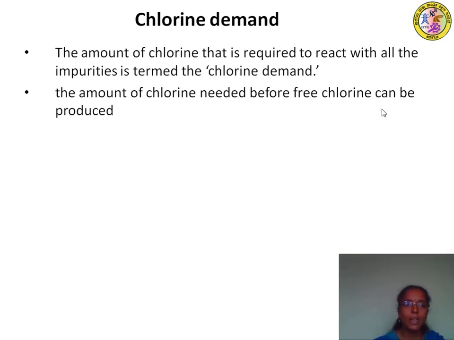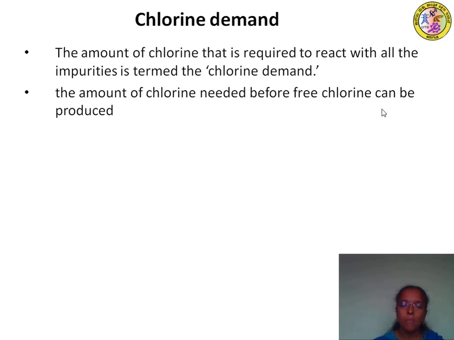If you apply a dosage of 0.4 milligram per liter, the whole chlorine will be utilized for the oxidation of the impurities. If you apply exactly 0.5 milligram per liter, then again the whole 0.5 milligram per liter of chlorine will be utilized for oxidation. When you apply 0.4, some impurities will still be left in the water.